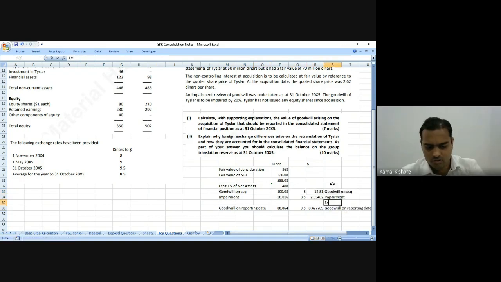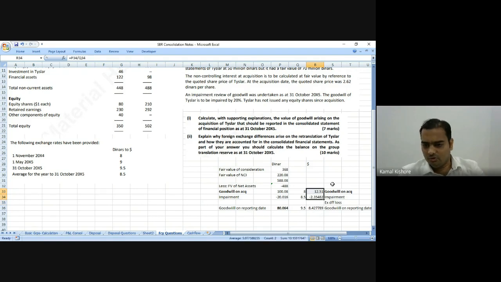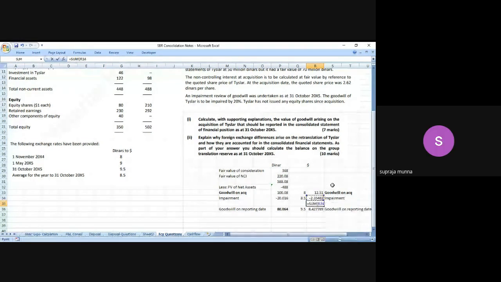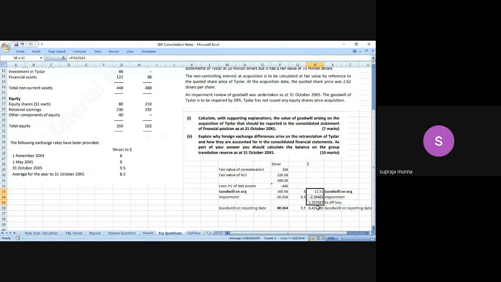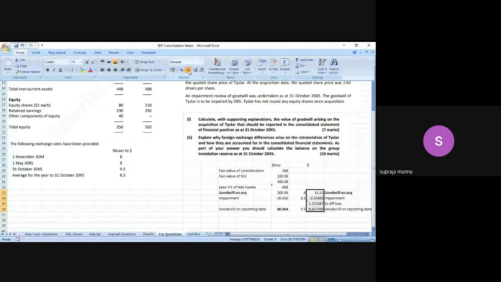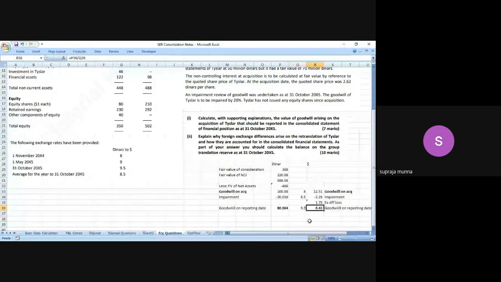This will be exchange rate difference. Here I think it is loss. Why? Because this is 10.15, 10.42. So 2 million, this minus this.